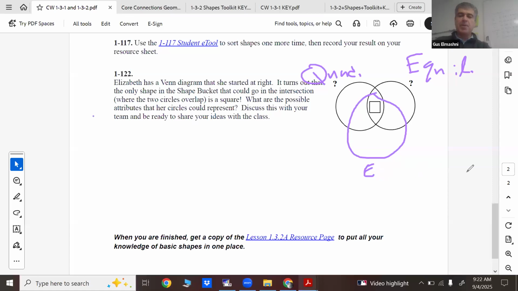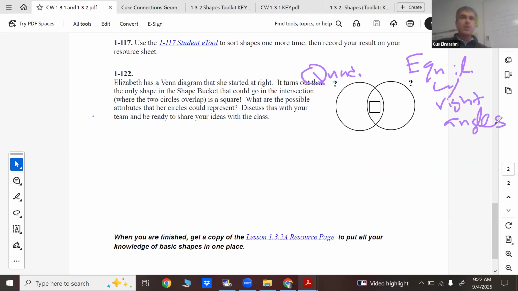I want to make it more complicated, but I like equilateral, but rhombus would fit in that as well. So I don't know if that would really be best for us. We could say equilateral with right angles. So if we extend that a little bit, maybe that could work. So that's a potential possibility.